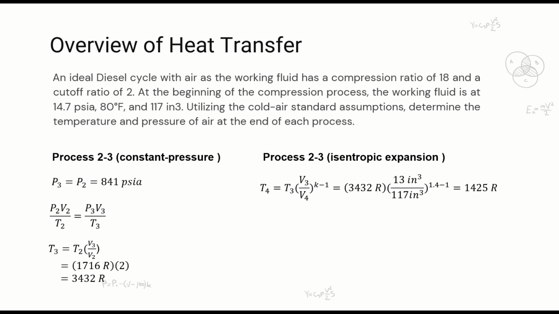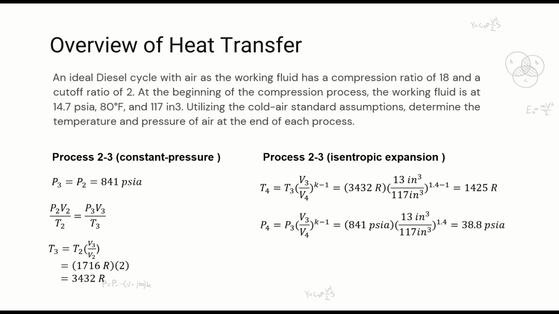We have 3432 R, which comes from the value of T3, multiplied by V3, which is 13 cubic inch, over 117 cubic inch, which is given in the problem, raised to k, which is 1.4 minus 1. By solving it in our calculator, we have now the value of our T4, which is 1425 R.